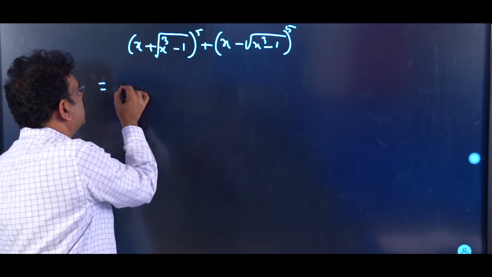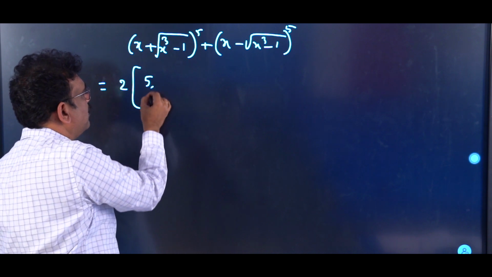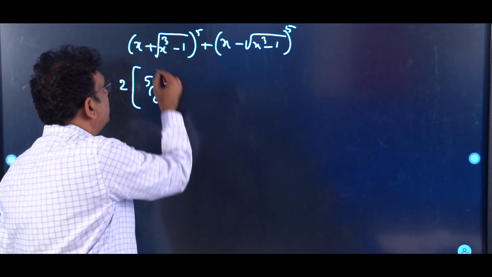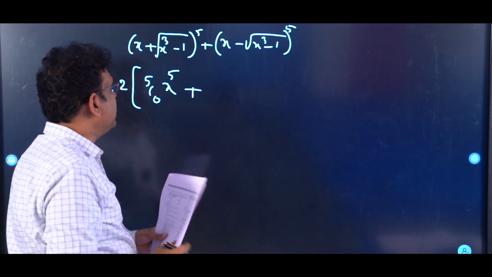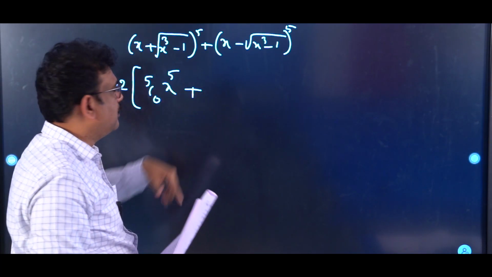So that 2 into 5c0 into x power 5. Next one, 5c1, cancel, positive term, negative term.